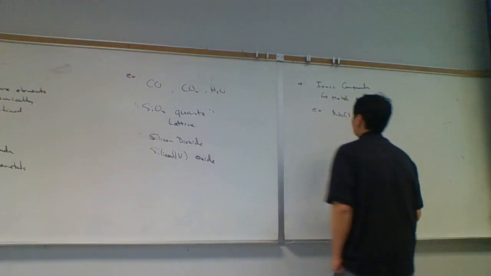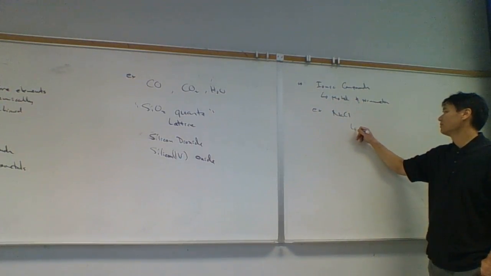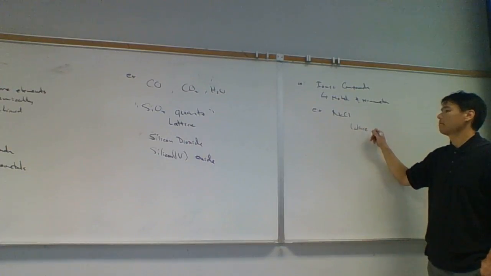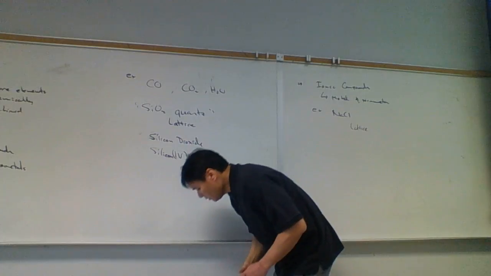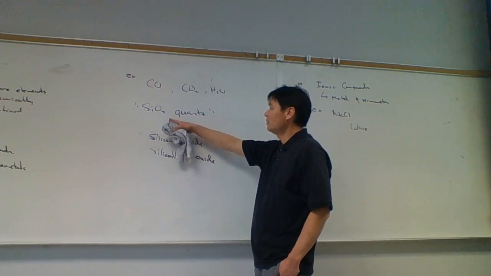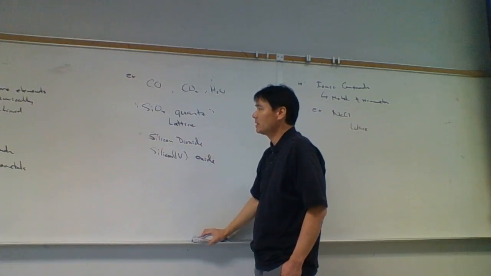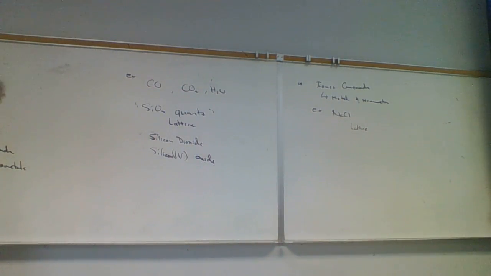Ionic compounds are lattice structures, but this one's a lattice structure too. And so the question comes up, how do you know CO2 is molecular? How do you know SiO2 is a lattice? That's just kind of from observation, from memory. So, it's hard to predict.